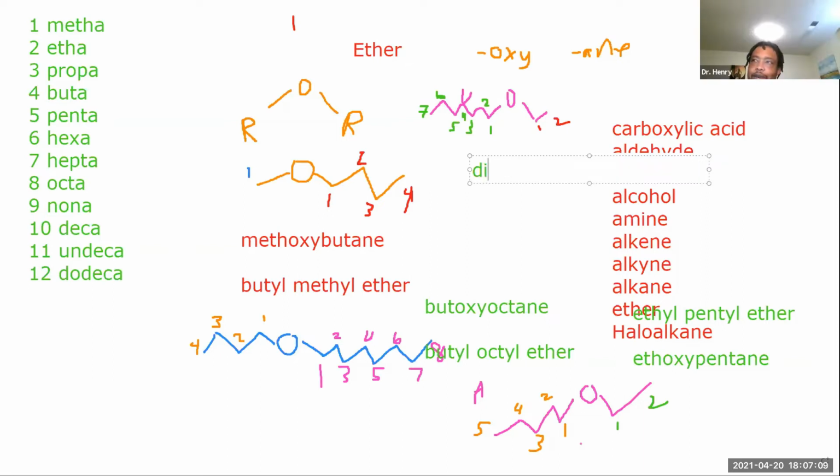That's right. So it's 4,4-dimethyl, and 7 carbons, hepta. Heptane, yeah.